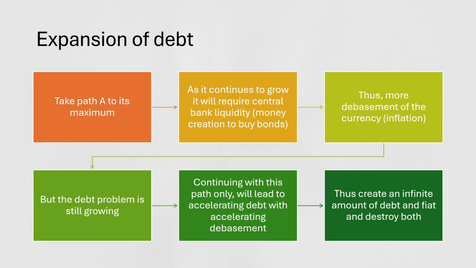And then it's a spiral, you're back to square one. You've got more debt, more interest, and then you need the central bank involved again, and it continues, debasing the currency. So you can't continue with this indefinitely, because eventually you're accelerating the debt and accelerating the debasement of the currency, and you end up destroying both.